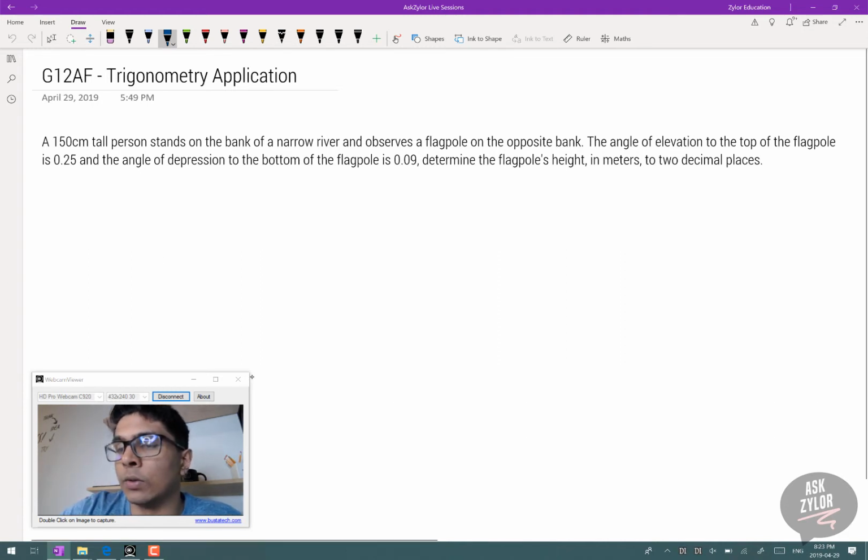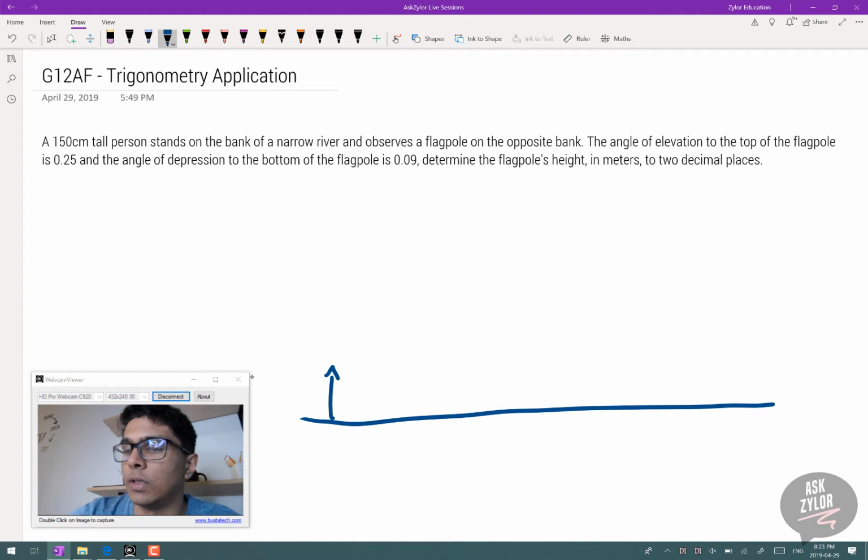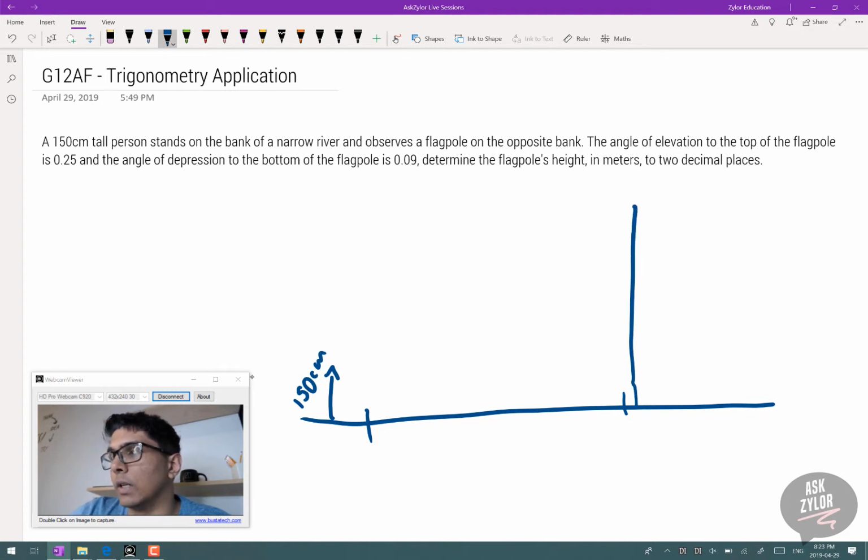So we have to draw a basic diagram just to get an understanding of what we are dealing with. We have a person that's 150 centimeters tall, standing on the bank of a narrow river. So let's say this is the bank, and there's a flagpole on the other end.